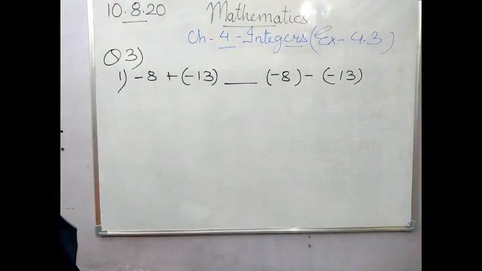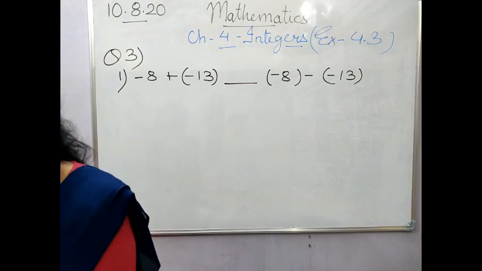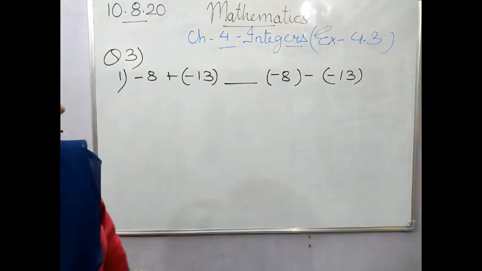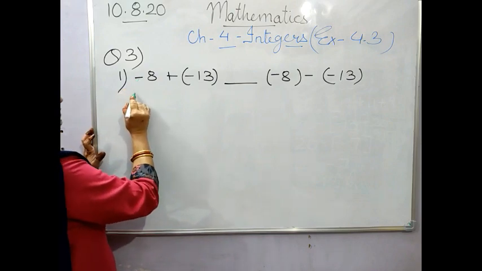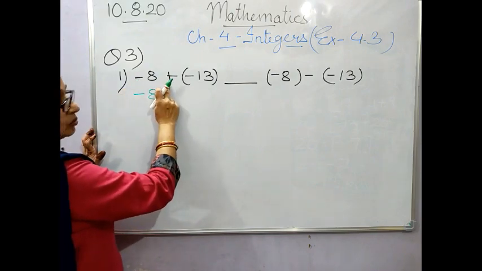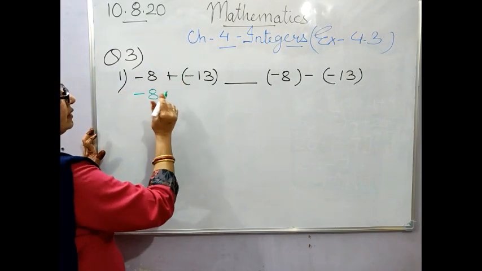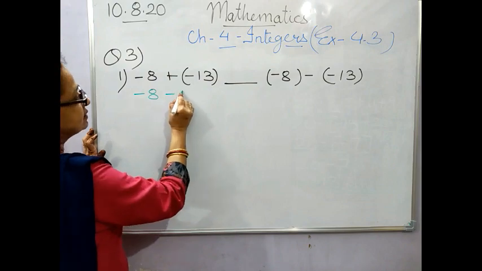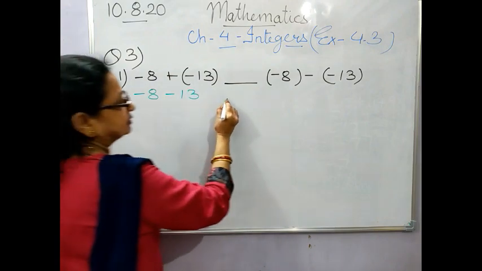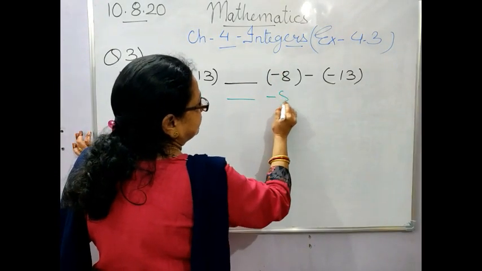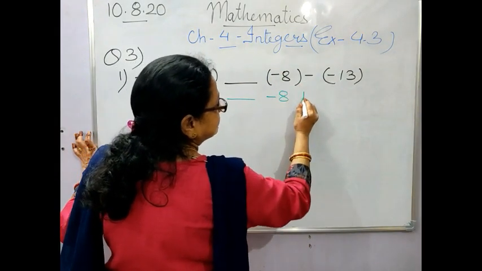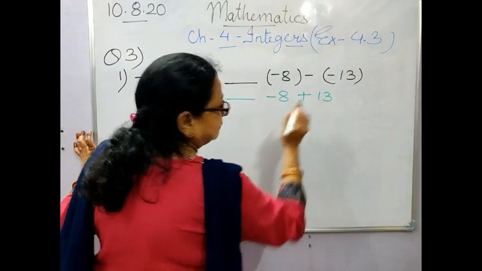So what you will do? See here, first of all we will solve the bracket. Minus 8, outside it is plus, inside it is minus, so it will be minus 13. This dash will remain the same, plus minus 8, minus plus 13.